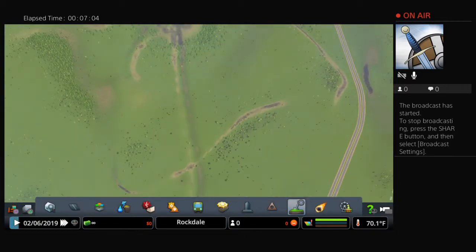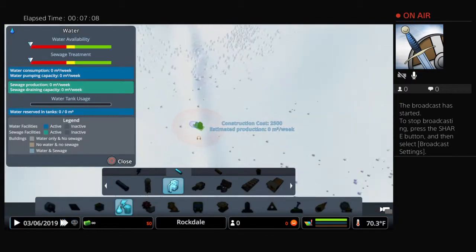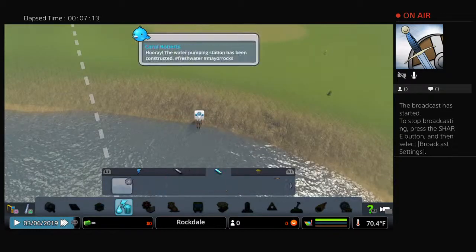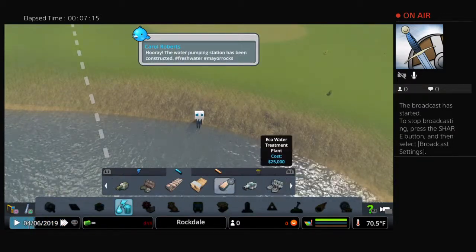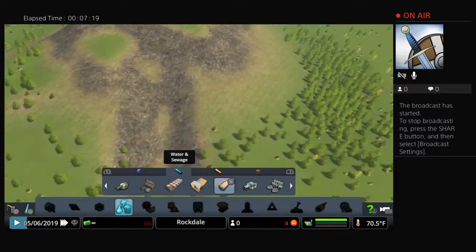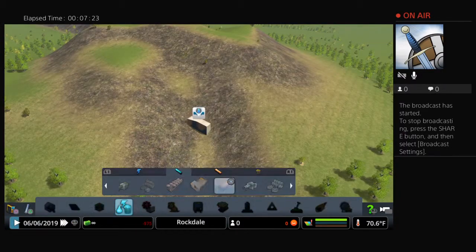Okay, good. Alright, so now we're going to go to the water settings. I'm going to start collecting water over here. And I'm going to start releasing water right here.